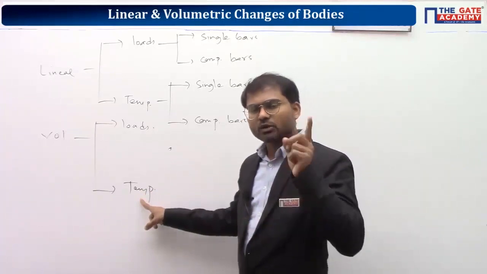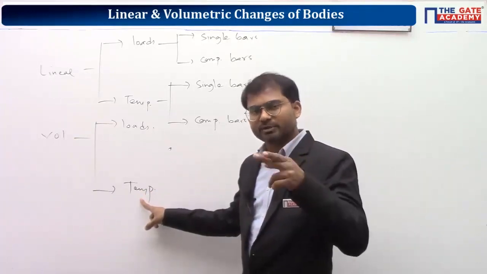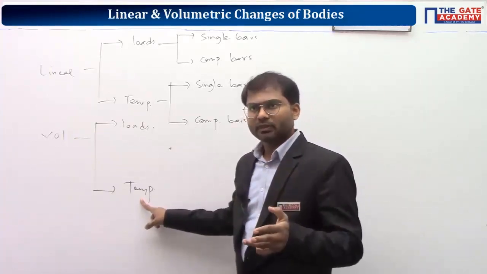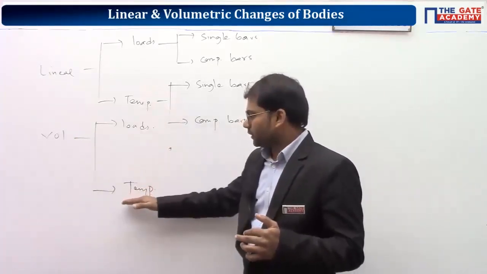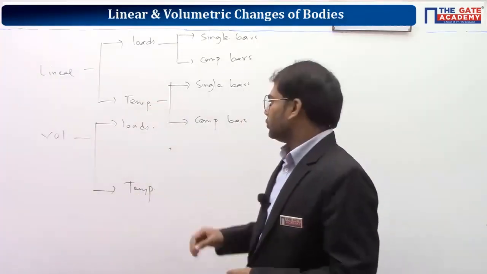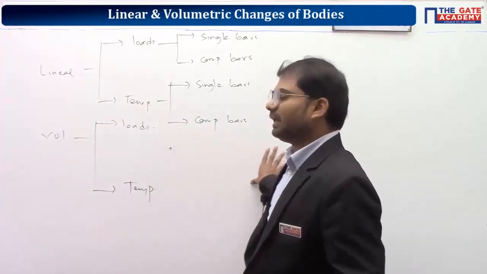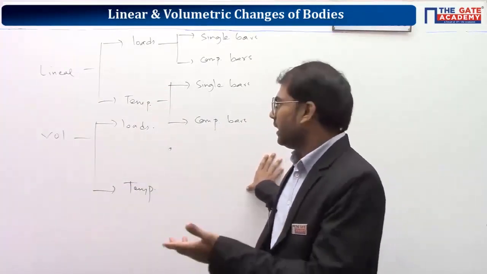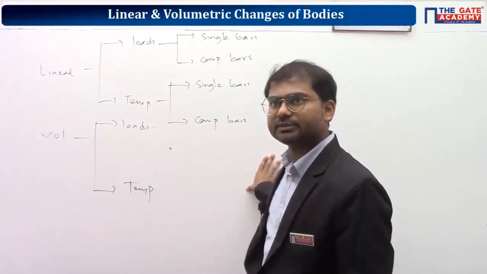We have seen only one question, we've seen two questions, both are based upon single formula only for the past 31 years, including both mechanical and civil. Still, as it is there in syllabus, we are doing it. But we haven't seen any questions at all. So we don't need to go till composite bars or composite members made up of more than one material when you are dealing with volumetric changes.